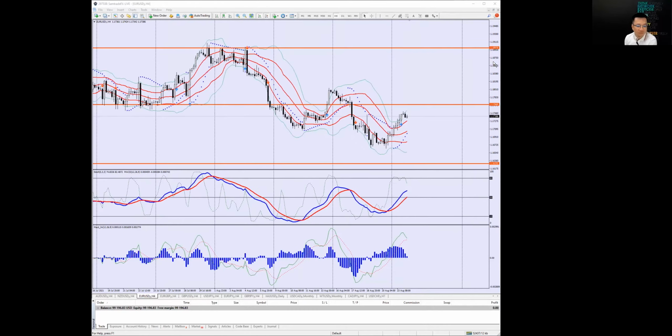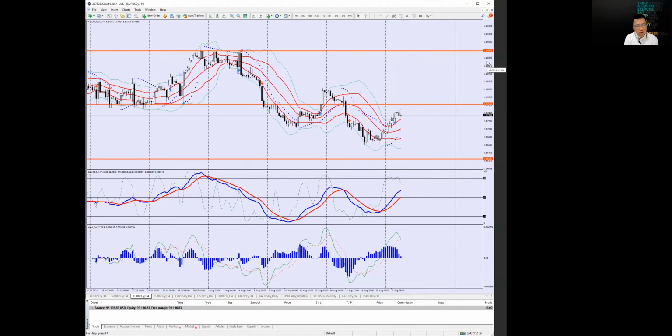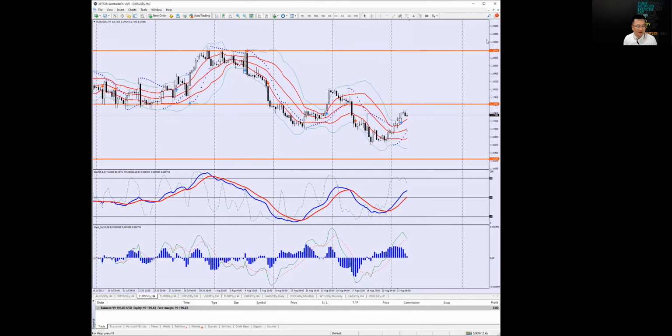So with a common approach about trend here, sharing the euro dollar on the H4 time frame, most traders approach trend as a way to identify trades, right? Looking at what to do on a trade based on a trend.